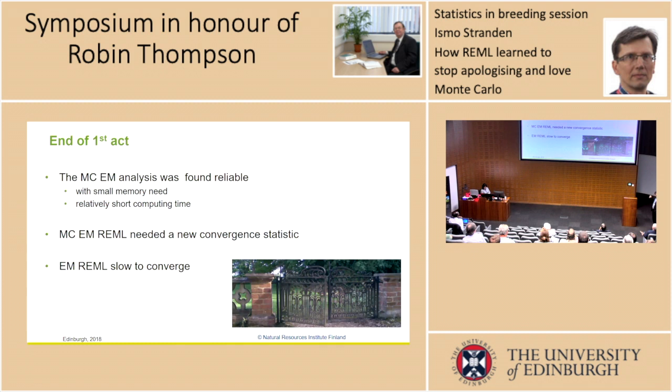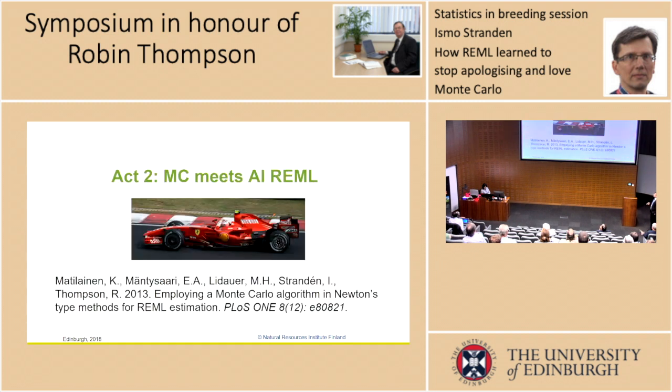And we needed a new, different kind of convergence criteria for it to work well, so that we could find the convergence. And the problem, of course, is that the expectation maximization of REML is a slow process, and that's why we'll go for the Monte Carlo AI REML, which is the next act.